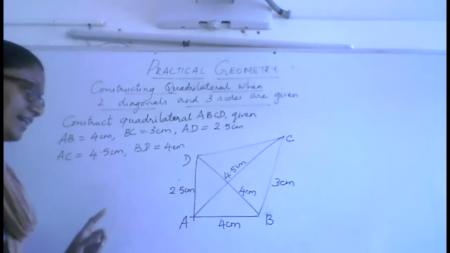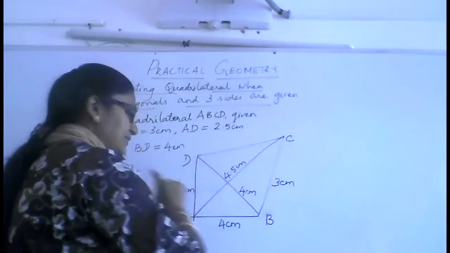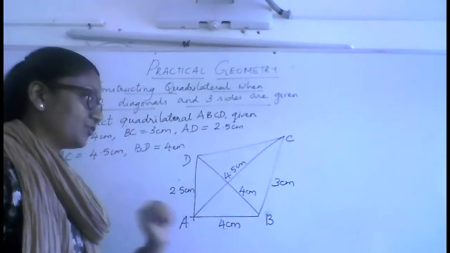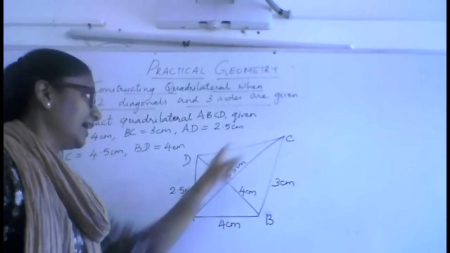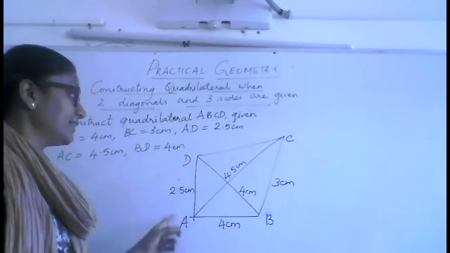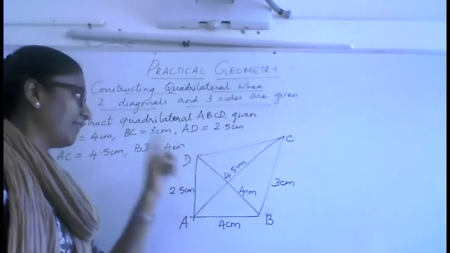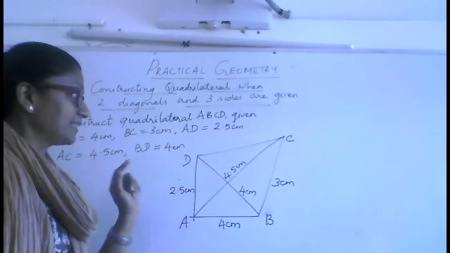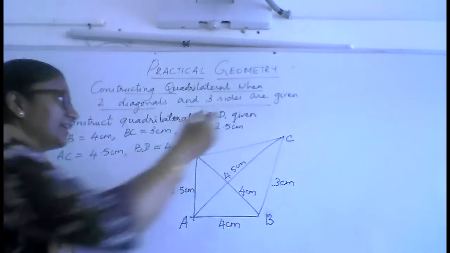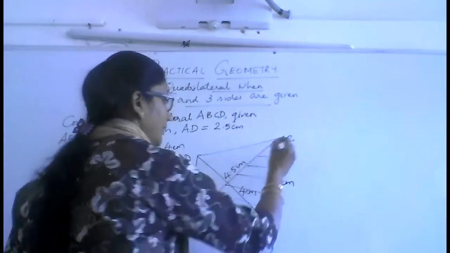Similarly, the second triangle, again on the same base AB. Can I construct triangle ABC? Are all the measurements of the triangle known to me? AB is 4, BC is 3 and AC is 4.5. When you construct triangle ABD, you will get the vertex A, the vertex B and the vertex D. When you construct the second triangle, that is ABC, you will get the fourth vertex of the quadrilateral.